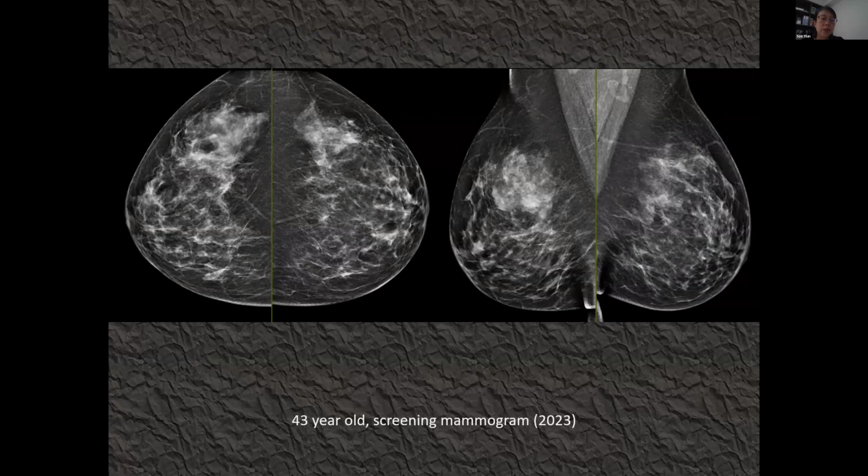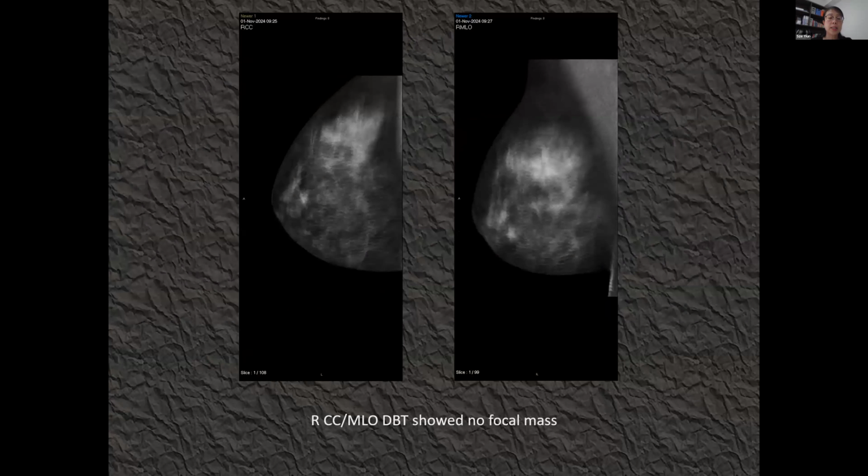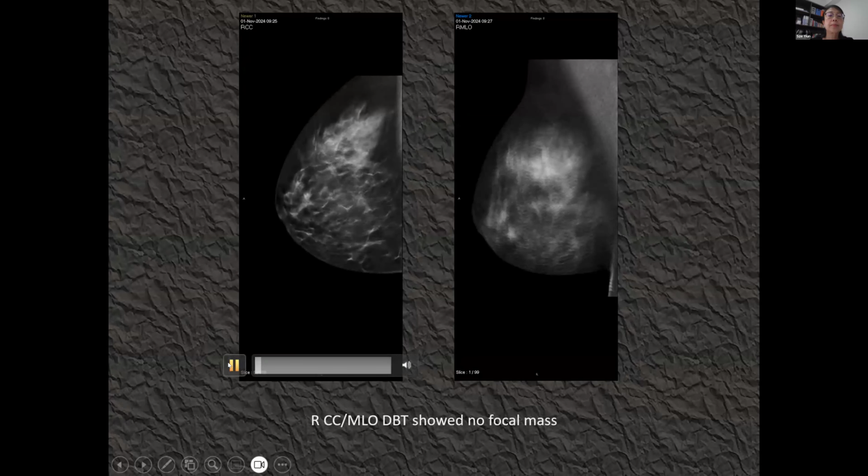This is an example. She's 43 years old. She underwent a screening mammogram in 2023. She was recalled for an asymmetry in the right upper outer quadrant. So we called her back for DBT in both the CC and MLO views.